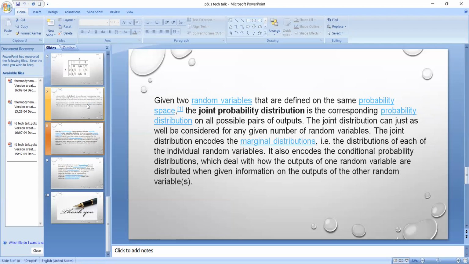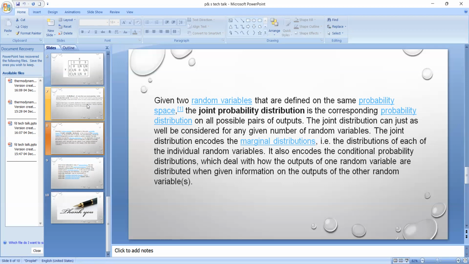The joint distribution can just as well be considered for any given number of random variables. The joint distribution encodes the marginal distribution, that is, the distribution of each of the individual random variables.